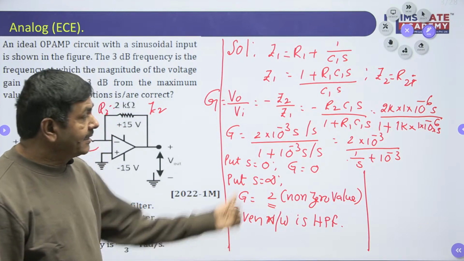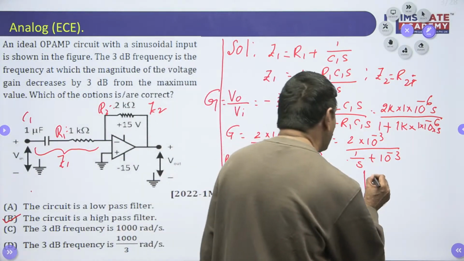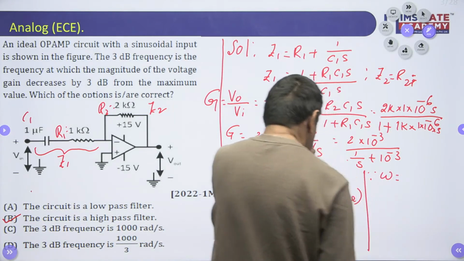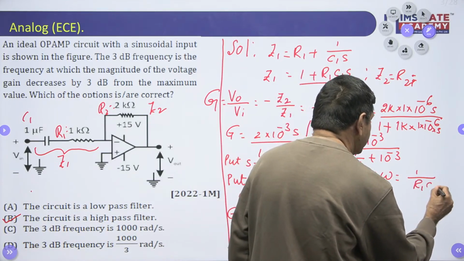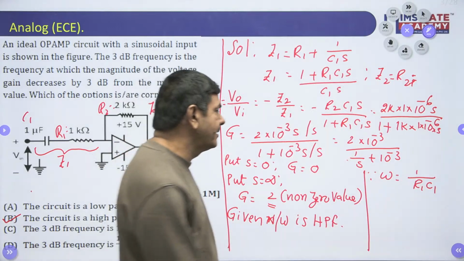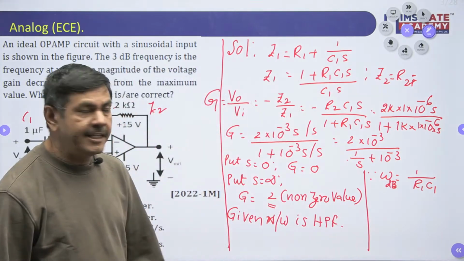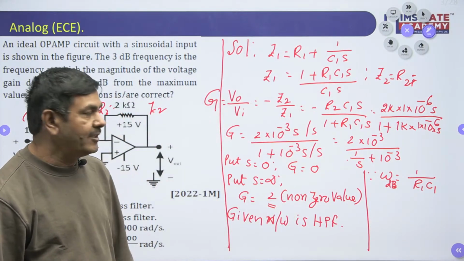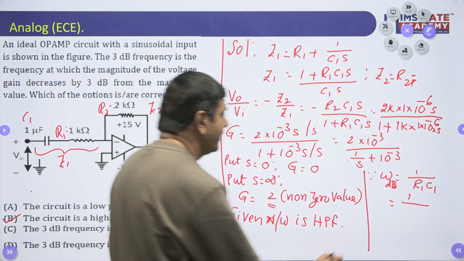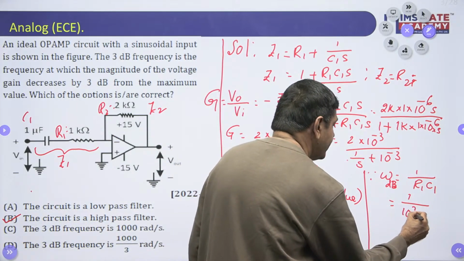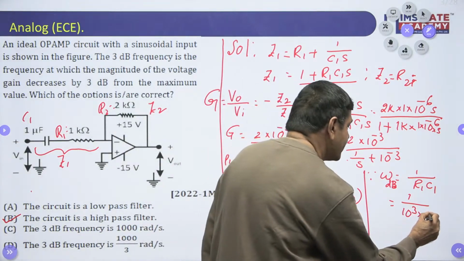At the 3 decibel frequency, the omega value is 1 by R1 into C1, in radians per second. Substituting, R1 is 1K, which is 10 power 3, and C1 is 1 micro, 10 power minus 6.